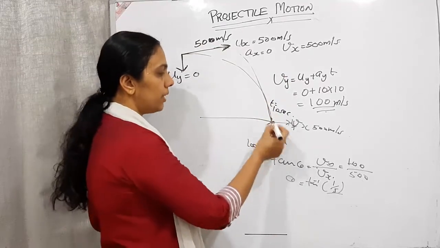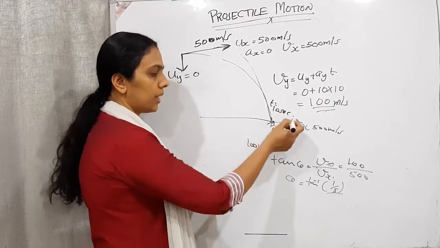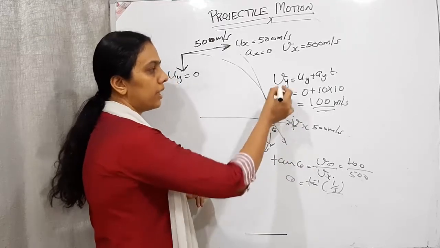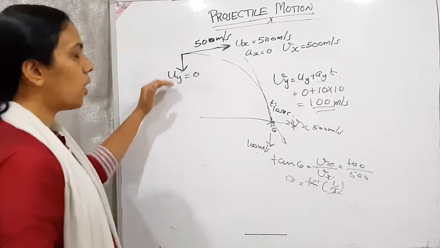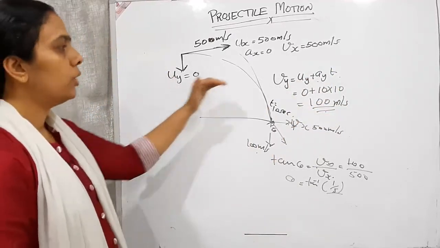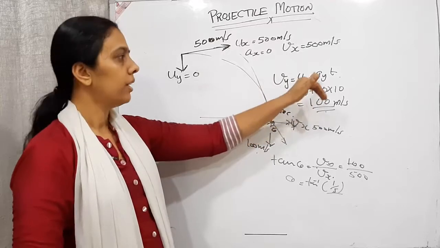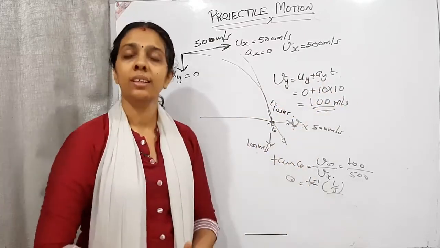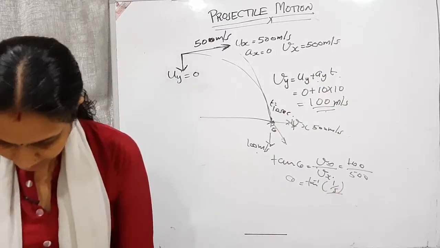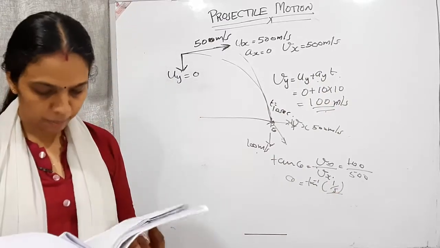So here if we have Vy with us, we can find out tan theta. Therefore Vy we can find out, uy plus ay into t. Since it's not acting in the vertical direction, uy equals 0. Substituting ay and t, we are getting the value of theta. Clear? So here the answer is tan inverse 1 by 5.